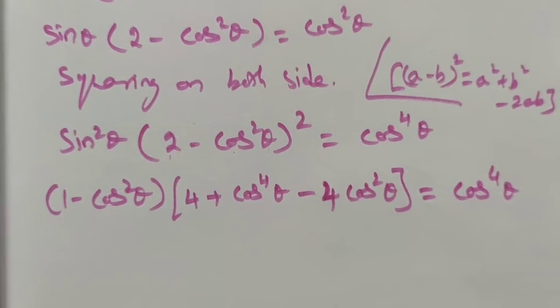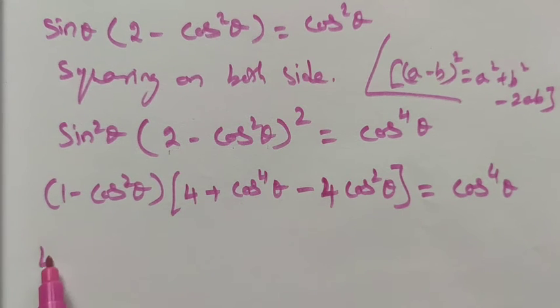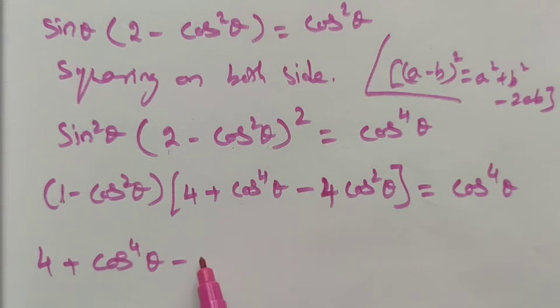By algebraic rules we know how to multiply. So 1 into this term: 1 into 4 is 4, plus 1 into cos power 4 is cos power 4, plus 1 into minus 4 cos square theta is minus 4 cos square theta.